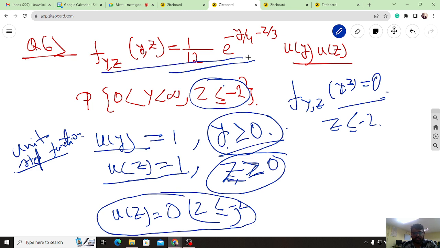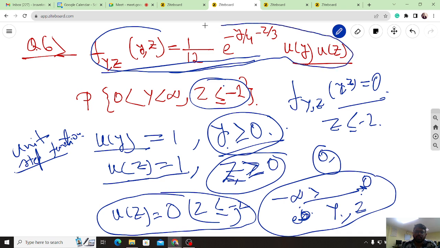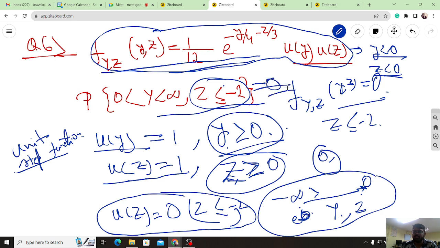If the probability density function is 0 for a region, from minus infinite to 0, this probability density function is 0 for both the values y and z. Like if y is in this region or z is in this region, this whole function value will be 0, if y is less than 0 or z is less than 0. So as z is less than or equal to -2, this value will be 0 at this position. The answer will be 0.